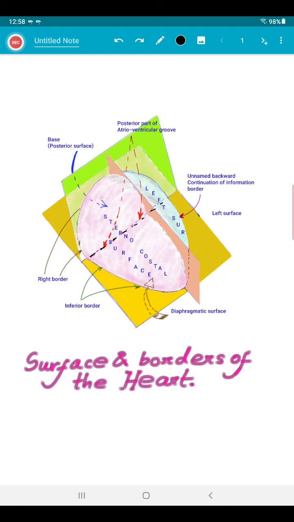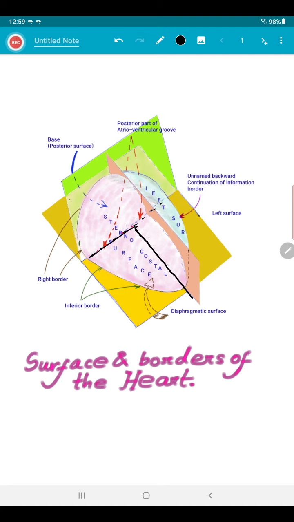Now which one is the inferior border of the heart? The inferior border of the heart is known as margo acutus. Margo acutus is sharp and separates the sternocostal surface from the diaphragmatic surface. Now I have already described that the diaphragmatic surface is the lower part, by this red sagittal plane.